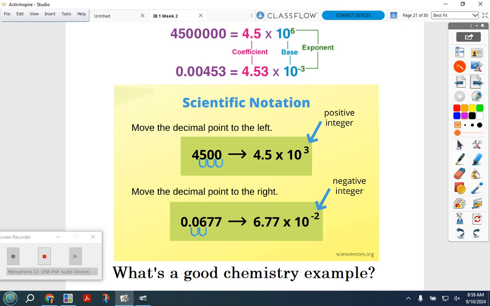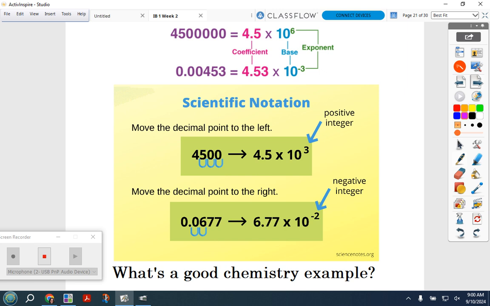Okay? So, typical scientific notation, you start with a coefficient, you multiply it by your base, which is always 10, unless you're doing something really weird, which you will never do in this class. And then you have an exponent. So what we're doing is we're always going to have a coefficient with one number before the decimal point, just one.